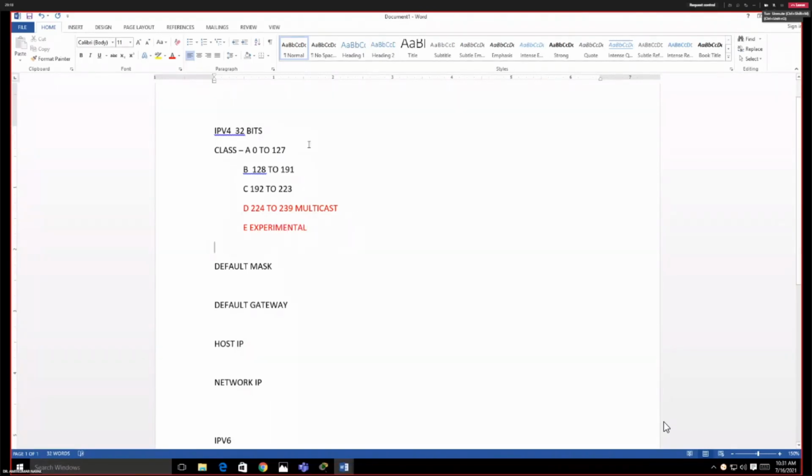So now class A ranges from 0 to 127. What do you mean by this? Class B ranges from 128 to 191.